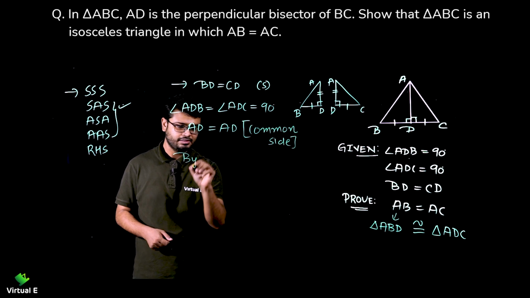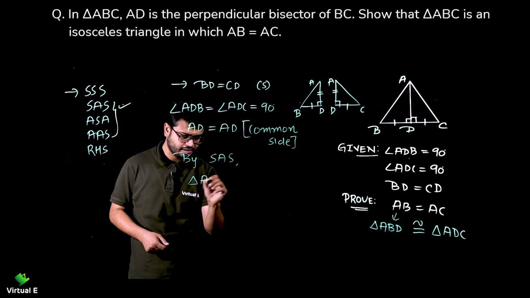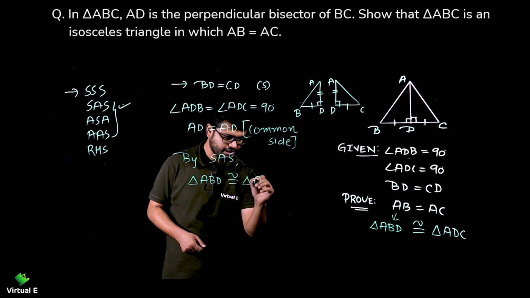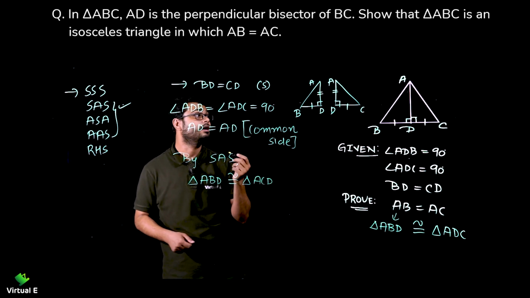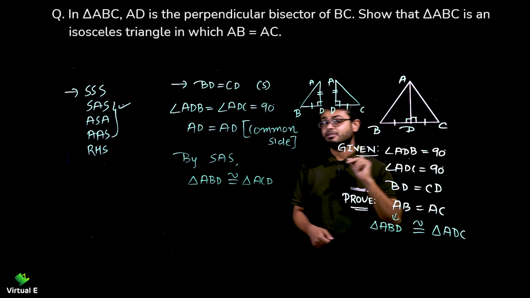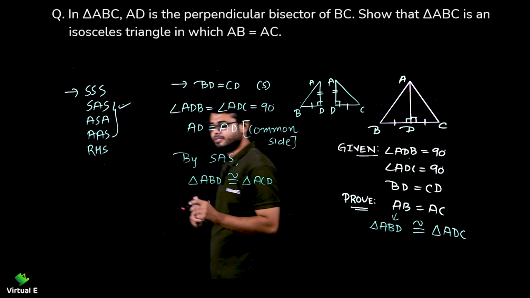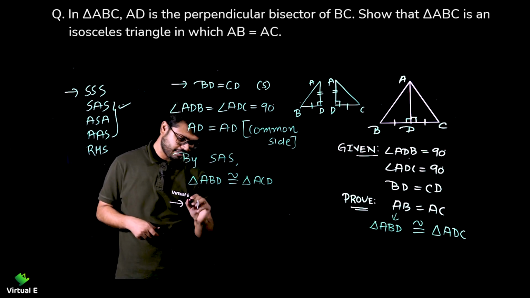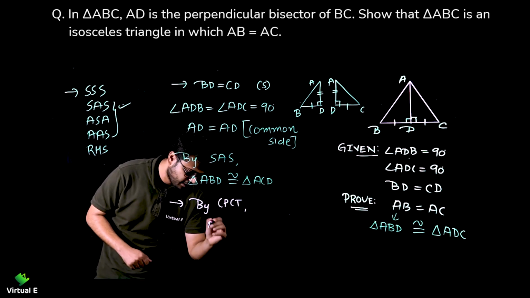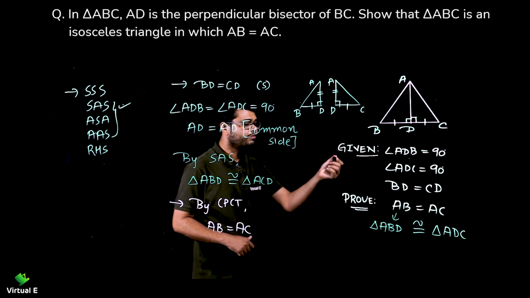So by SAS, we can write triangle ABD congruent to triangle ACD, right? Now that being done, what we want to prove is AB is equal to AC. So very simple it is, we know very well by what? CPCT. So by CPCT, we can write AB is equal to AC. So this is what we wanted to prove.